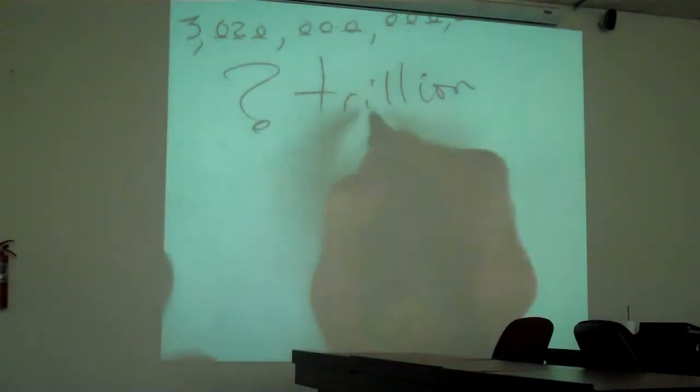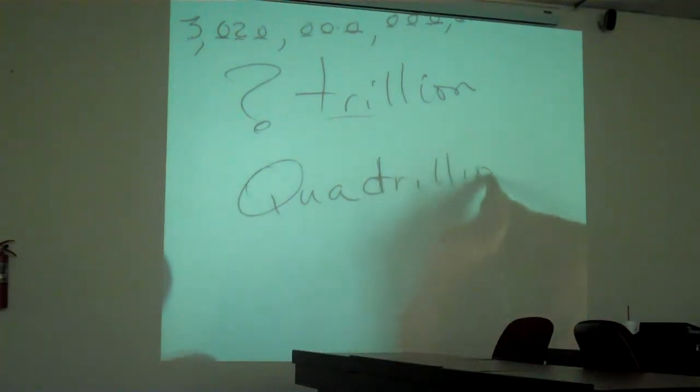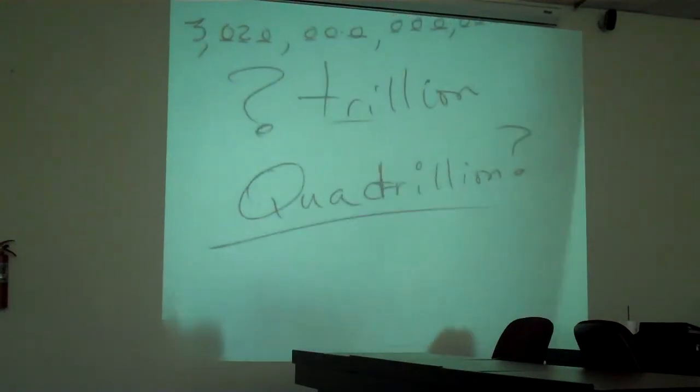Maybe it's quadrillion. BI and then TRI, it's probably QUA. We'll find out if I'm right or not. Even though it's not under test, we'll check it out since it was asked.